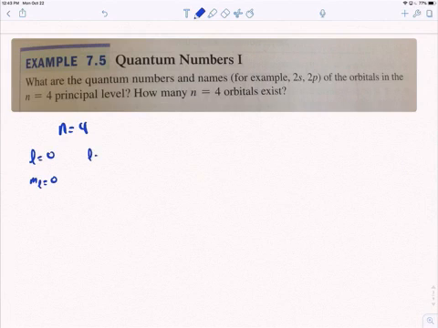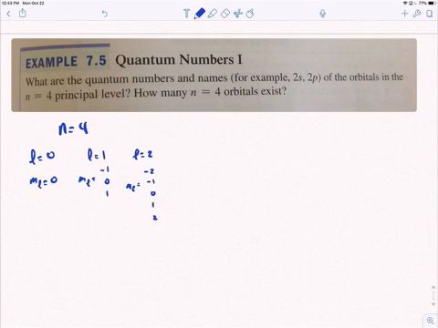L equals 1: m sub L would equal -1, 0, or 1. L equals 2: m sub L can equal -2, -1, 0, 1, and 2. And then L equals 3: m sub L can equal -3, -2, -1, 0, 1, 2, 3.